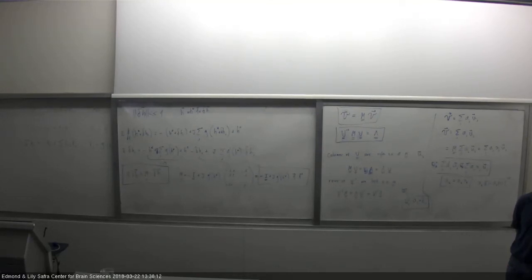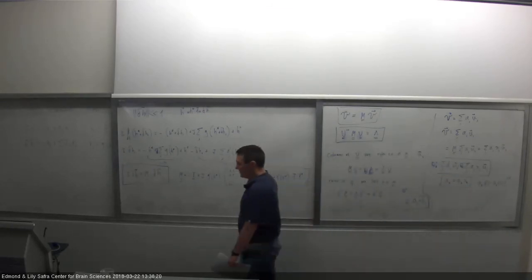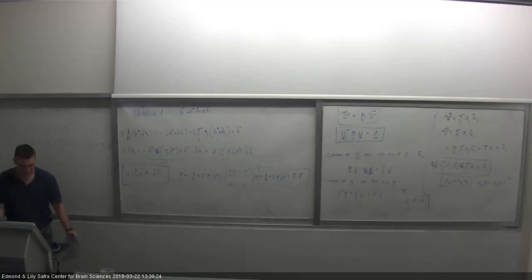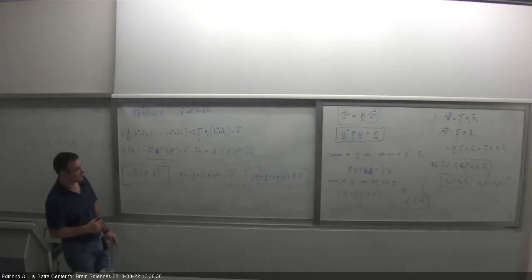Well, what are the eigenvectors in the first place? Let's try and think. What do they mean? Eigenvectors are modes. You can think about them as some modes or directions in which the modes are independent of the matrix.